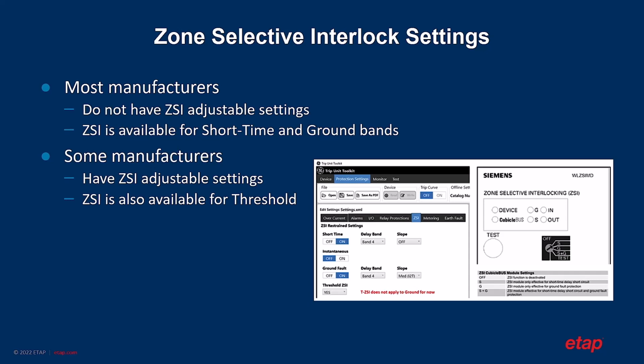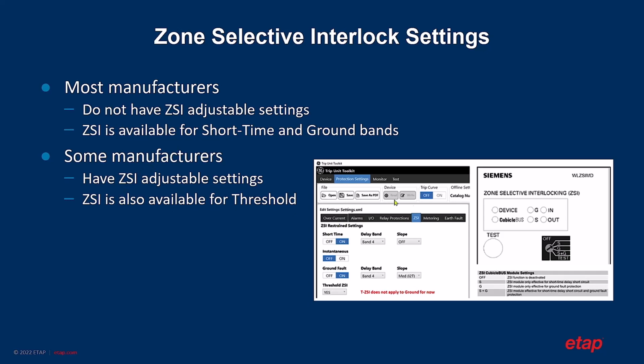So based on the fault and the restraint signal available, the unrestrained or restrained band will be used for determining the tripping time. For some other manufacturers like GE, they offer adjustable ZSI settings for the band as well as pickup. The adjustable pickup setting for ZSI is called threshold.